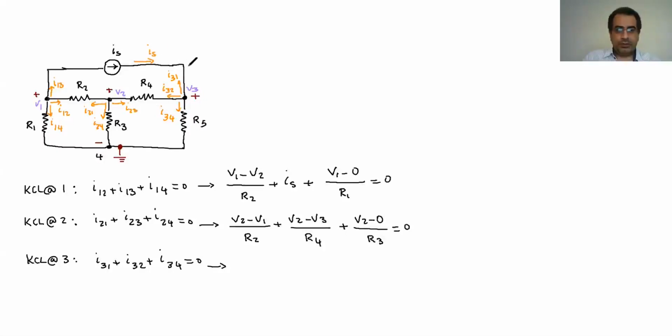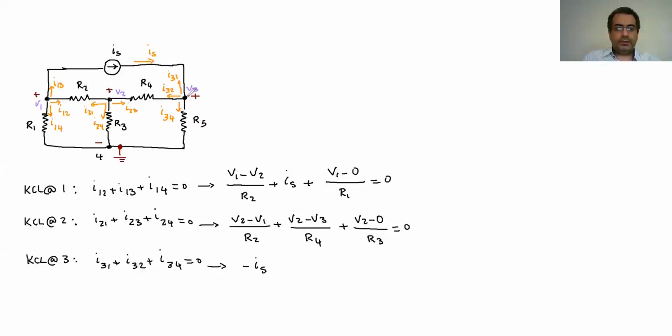We already know the current in this wire is IS, and I3,1 is drawn in the opposite direction of IS. So I3,1 is going to be negative IS.